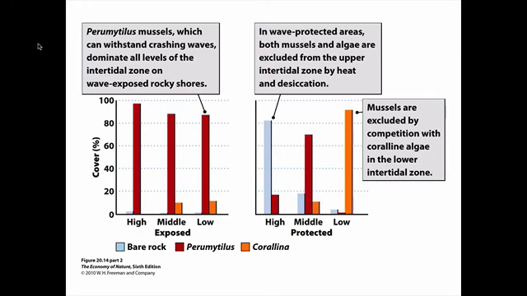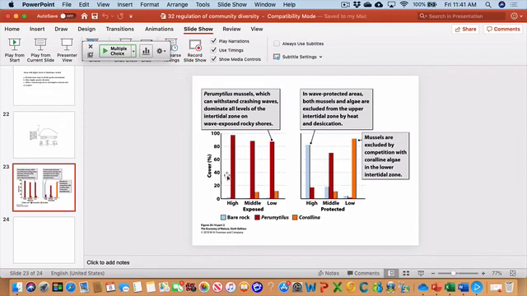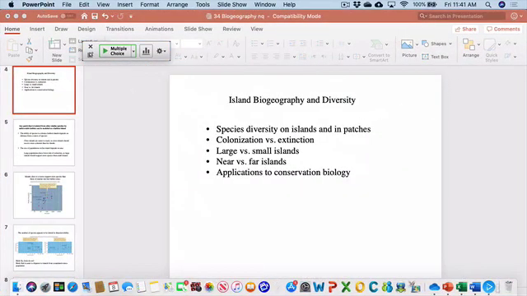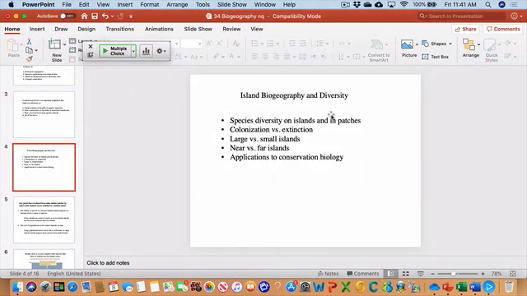Okay, well, we're going to leave this local regulation now, and we're going to start talking about kind of a different way to think about local communities. And that is just colonization and extinction.